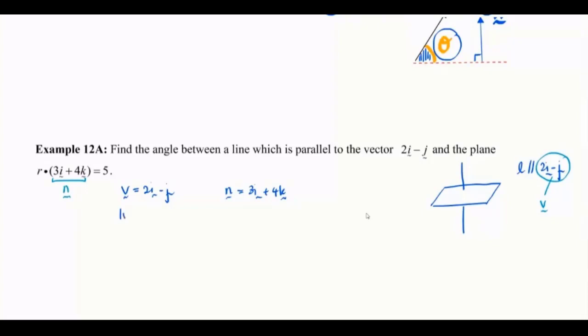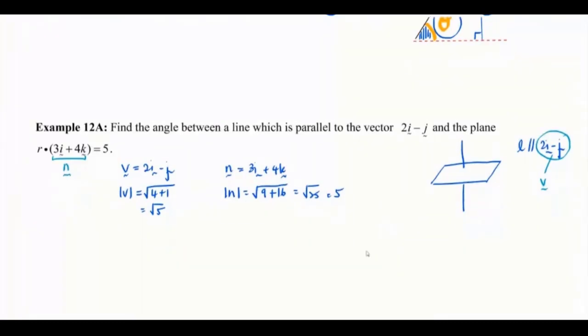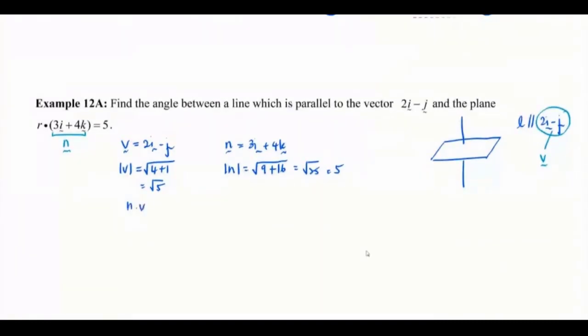So from that we can have the magnitude for V which is square root of 4 plus 1. Directly we have square root of 5, and then magnitude for N will be square root of 9 plus 16, which is square root of 25, will be 5. Okay, find the dot product of N and V. So we're gonna have 3, 0, 4 and then 2, negative 1, 0.